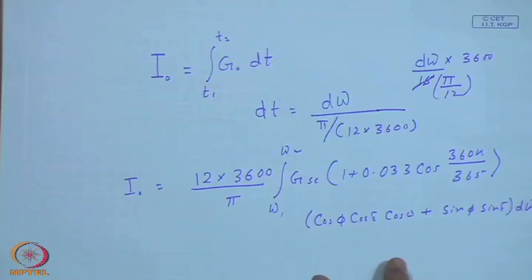This cos phi cos delta cos omega plus sin phi sin delta is nothing but the expression for cosine theta z.